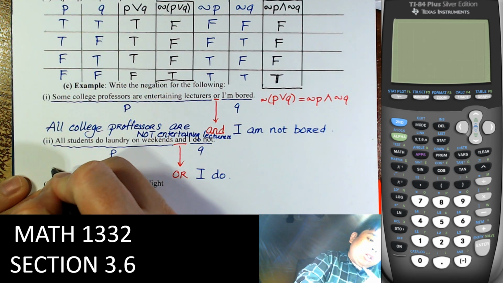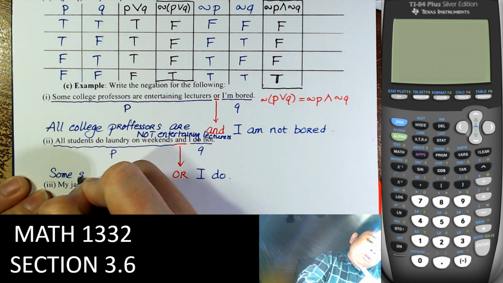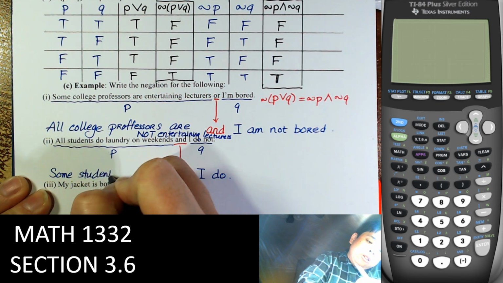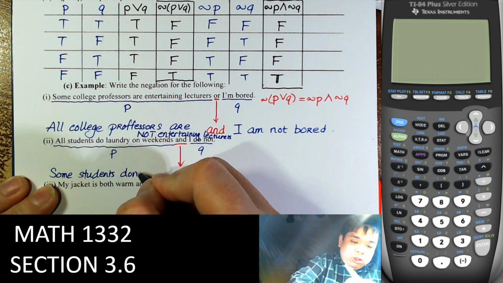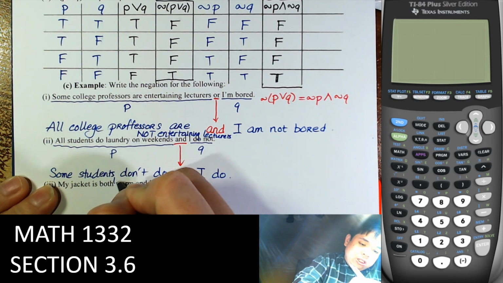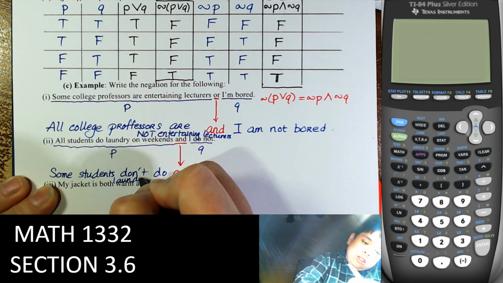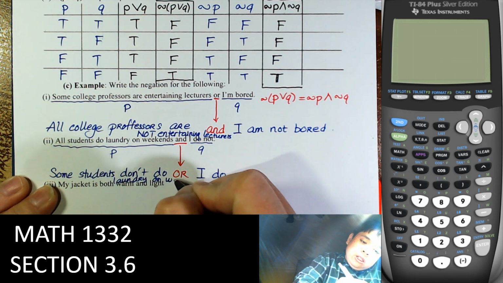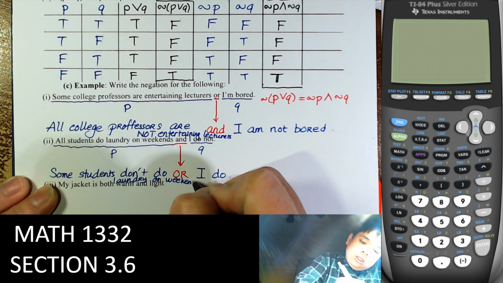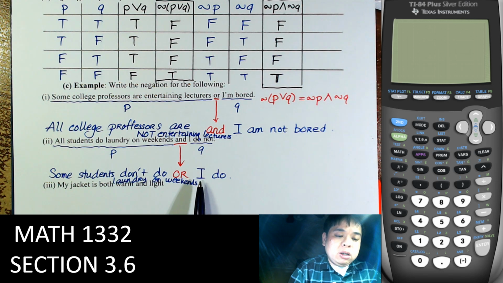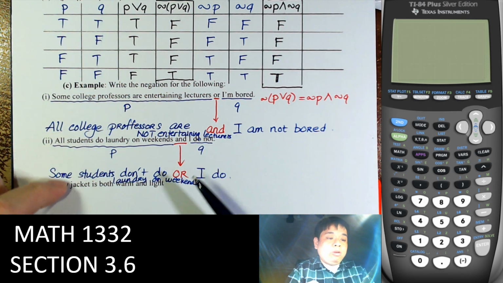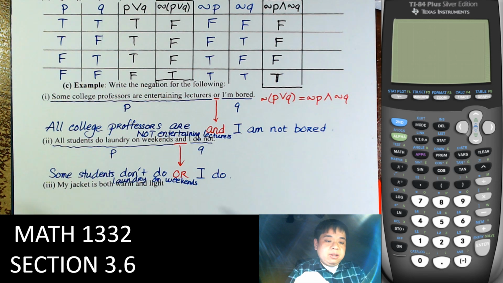All turns to some student do laundry, so they just don't do laundry on weekends. Some students don't do laundry on weekends, or I do. Right? So I said negate both of them and then change the connectives.